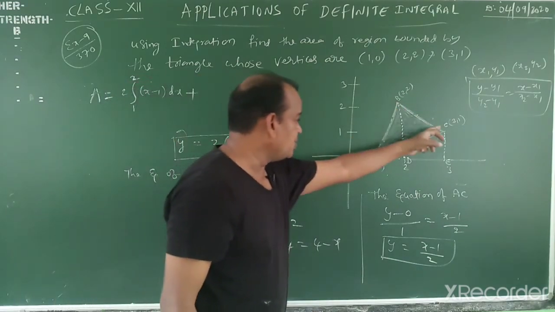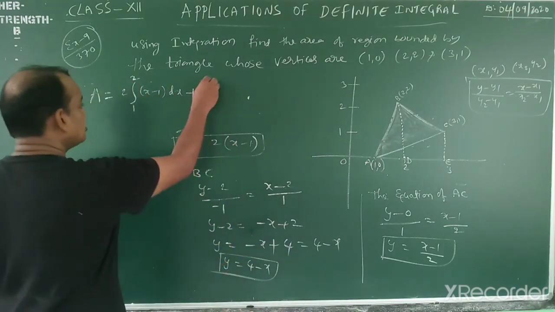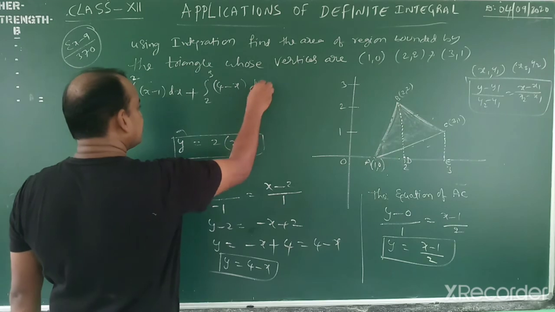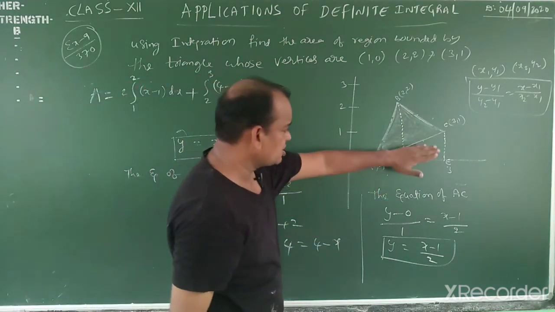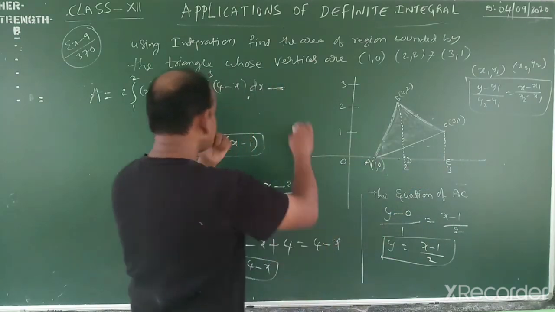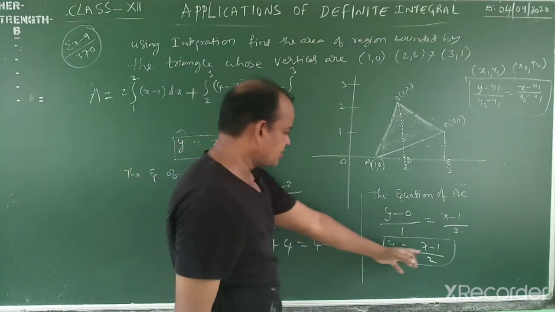What is the curve? BC is the curve. y is equal to 4 minus x, so plus the integral from 2 to 3 of 4 minus x dx. Minus, why am I writing minus? Because we remove this portion, 1 to 3. What is the equation of AC? x minus 1 by 2.